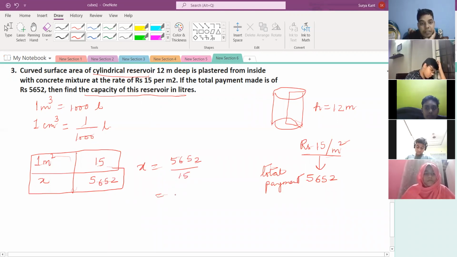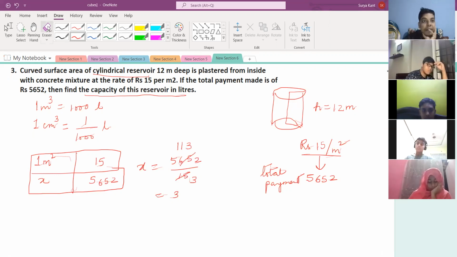So 15 3s are 45. Then what is the pending? 11, right? 15 9s are 135. So cancel by 3 only. 5 3s are 15. It won't go only by 5 table, right?